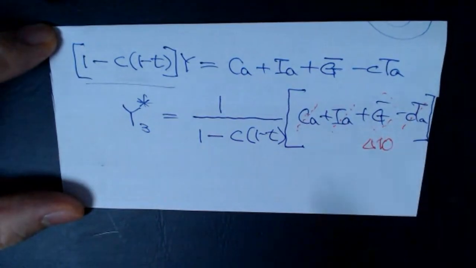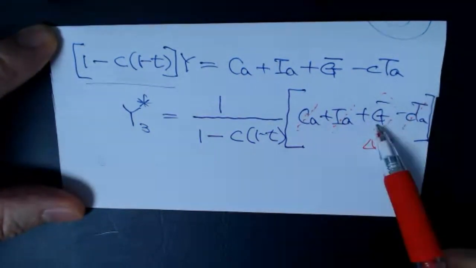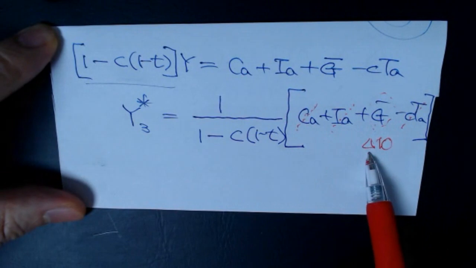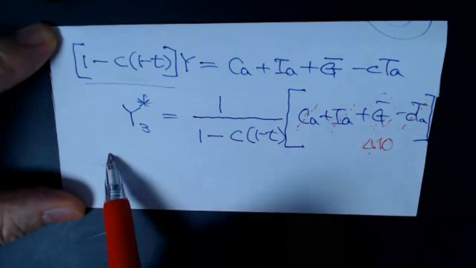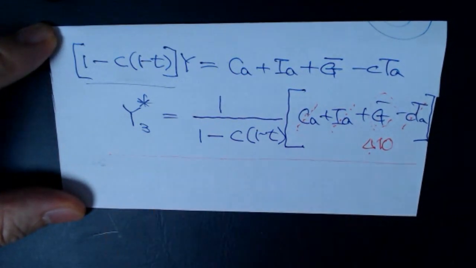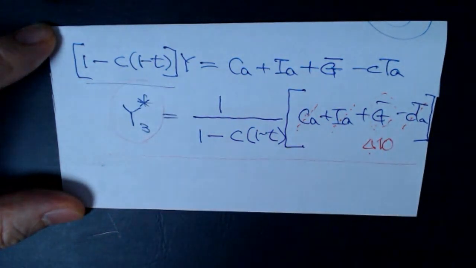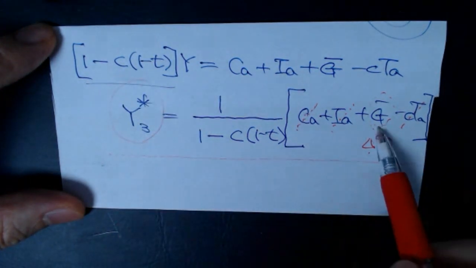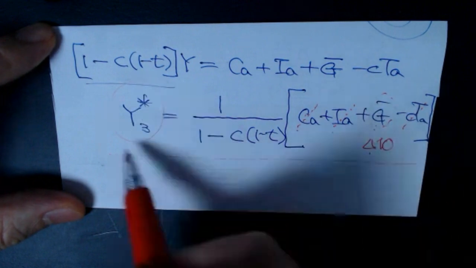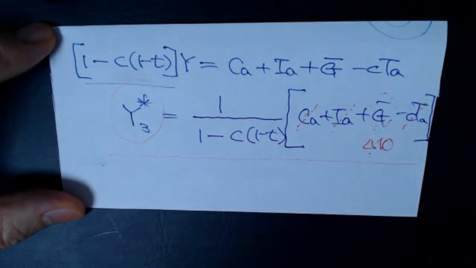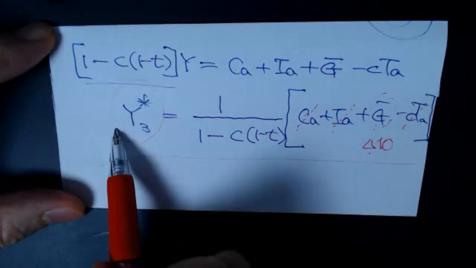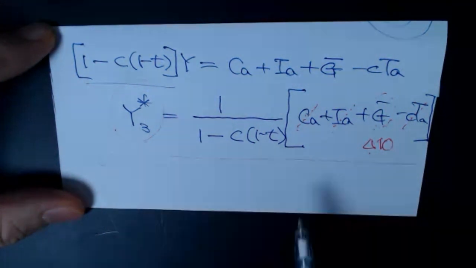So these three components remain the same, and government spending increased by 10. Then from this relationship, you can easily find out that Y star must increase, right? Because the right-hand side increasing means the left-hand side must increase. But how much must this Y increase?